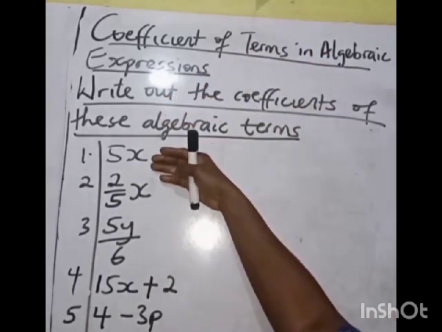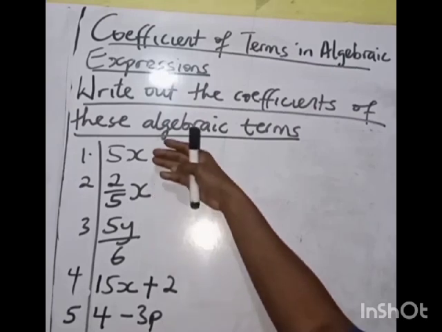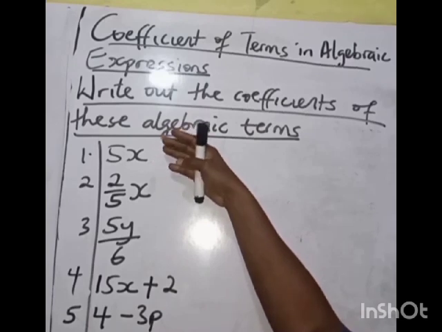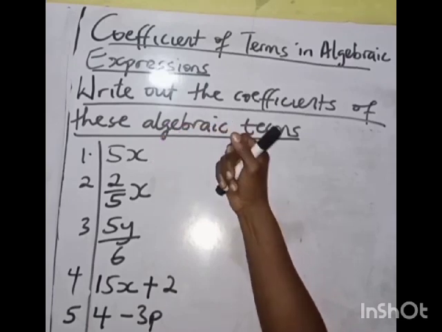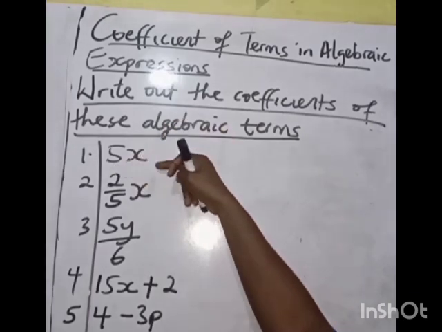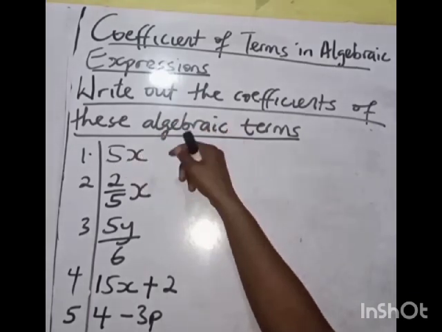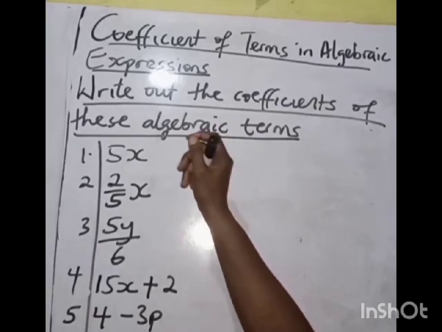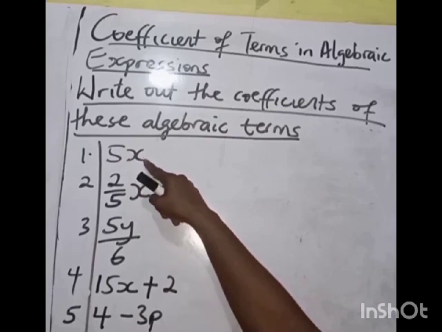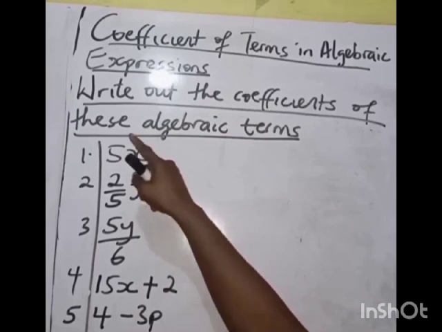If you look at these numbers and letters written on the board, they represent what we call algebraic terms. Why do we call them algebraic terms? Because you have numbers and you have letters written together. The letters are representing unknown quantities, and the numbers by the side of the letters are what we call the coefficients.